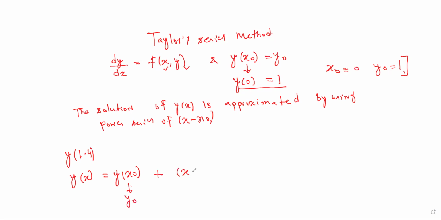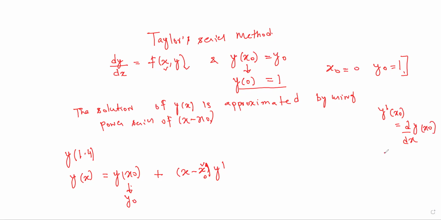Plus x minus x naught, where x naught is the initial point, times y dash. Here y dash refers to y dash of x naught, meaning dy by dx of y of x naught.